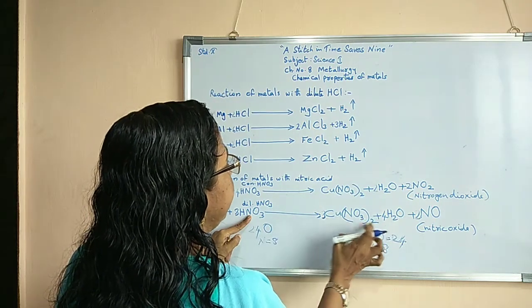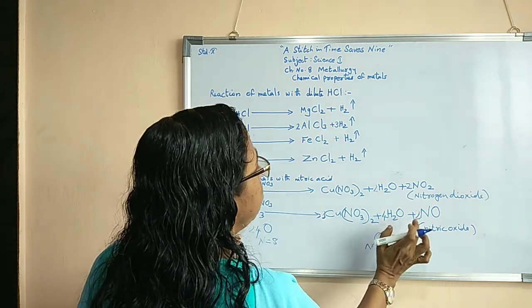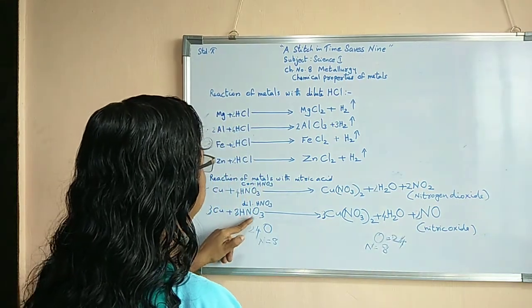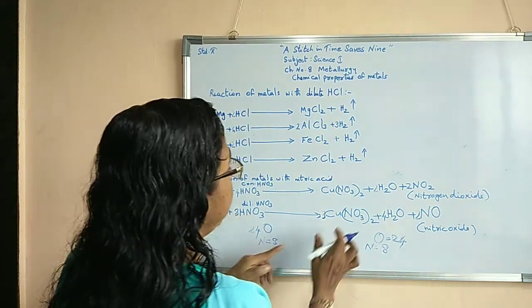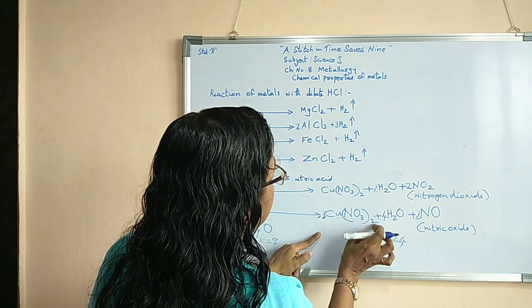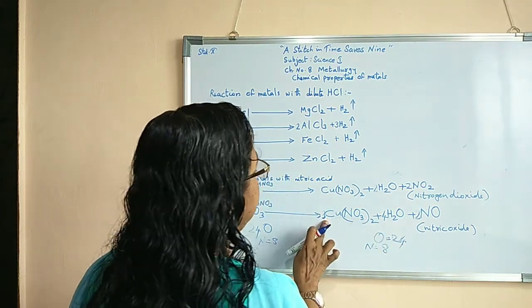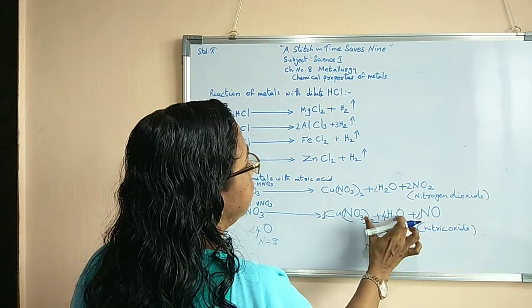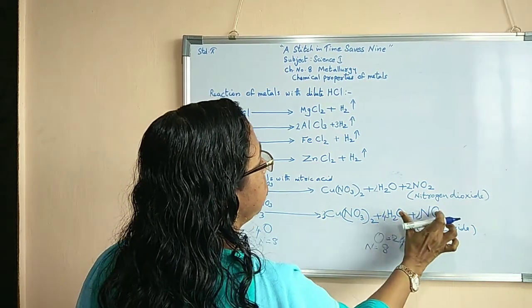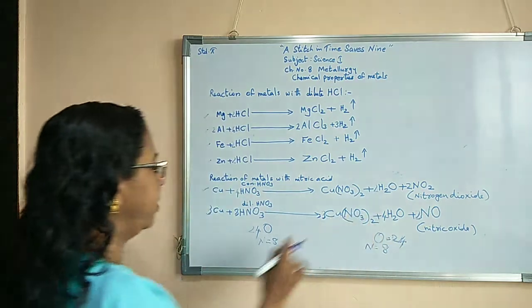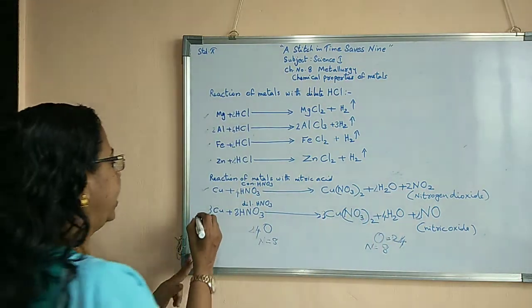So we will get nitrogen's number 3, 3 plus 2, 8. Now oxygen 8 3s are 24. Here now 3 2s are 6, 6 3s are 18, 18 plus 4, 22 plus 2, 24. So like that way equation balanced.